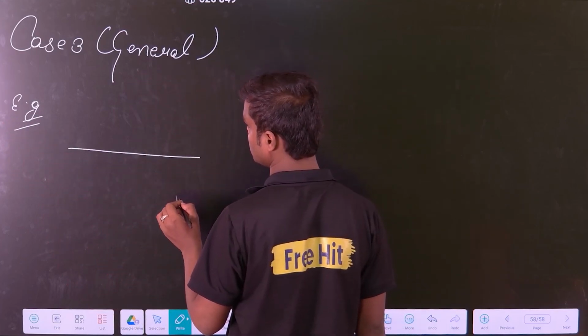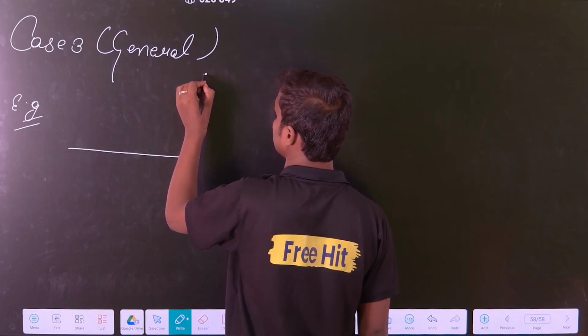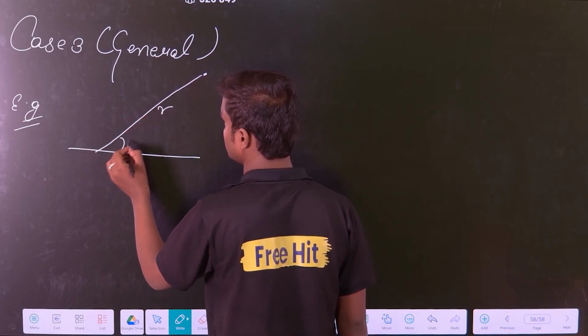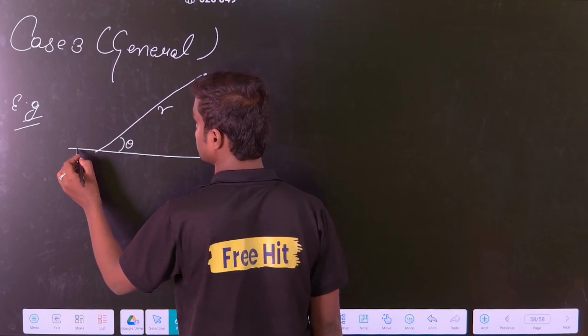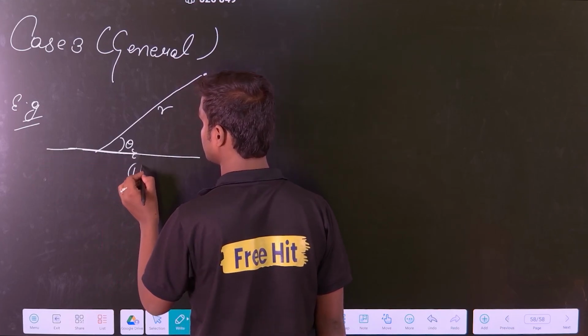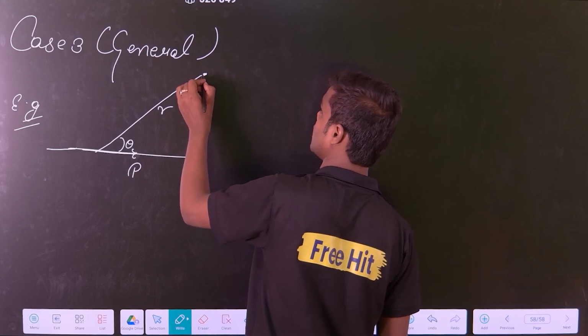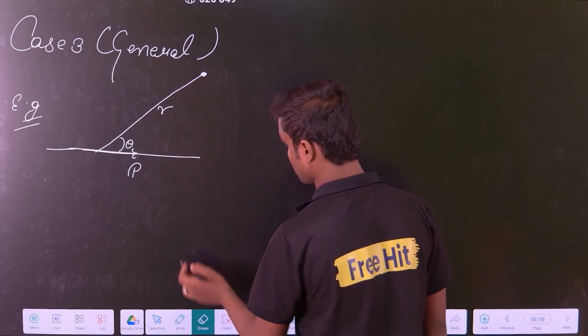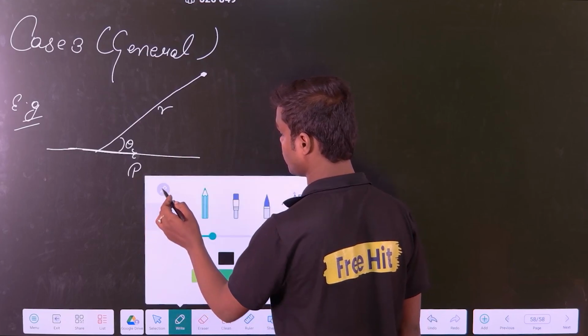Suppose this is some point and this distance is r, this angle is theta, and this is my dipole moment, that is p, and I have to write the electric field at this point.